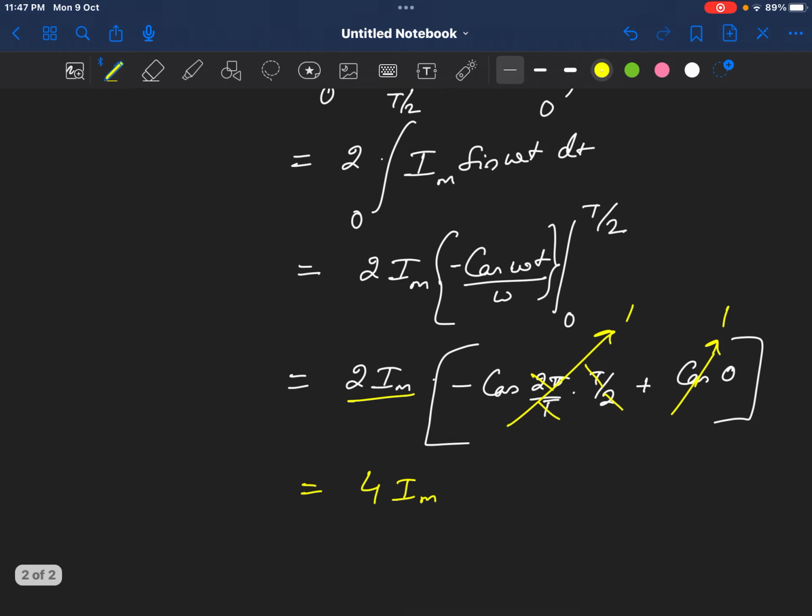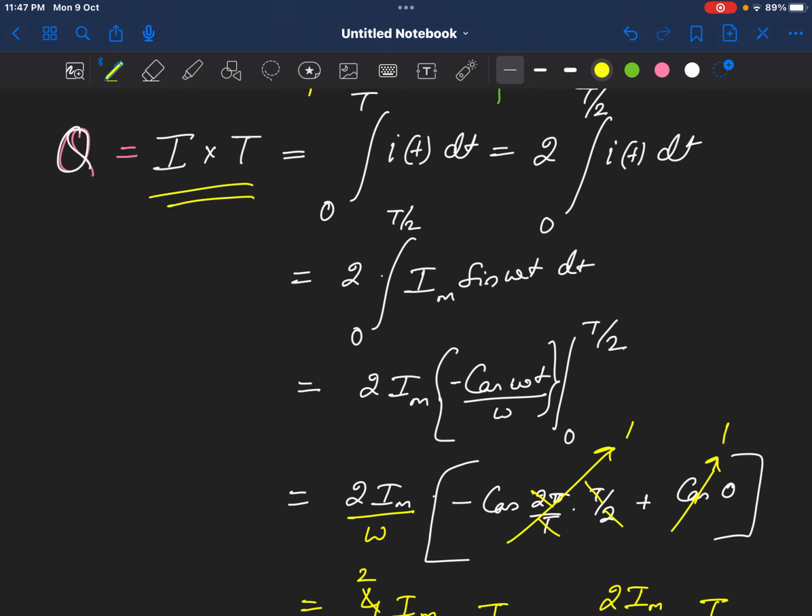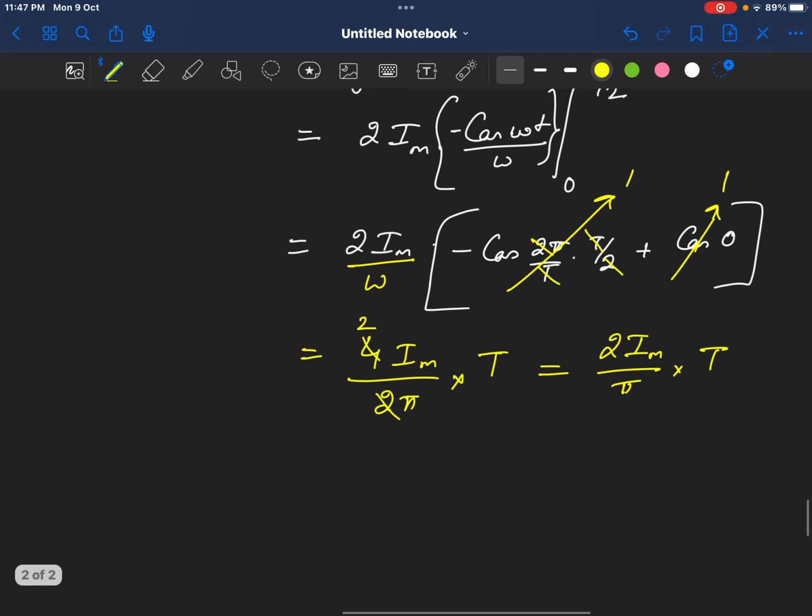And the omega which is left over here is nothing but 2 pi by t. So if we solve it, it gives me 2 Im by pi into t. On the left hand side we have I into t, which is I average into total time.